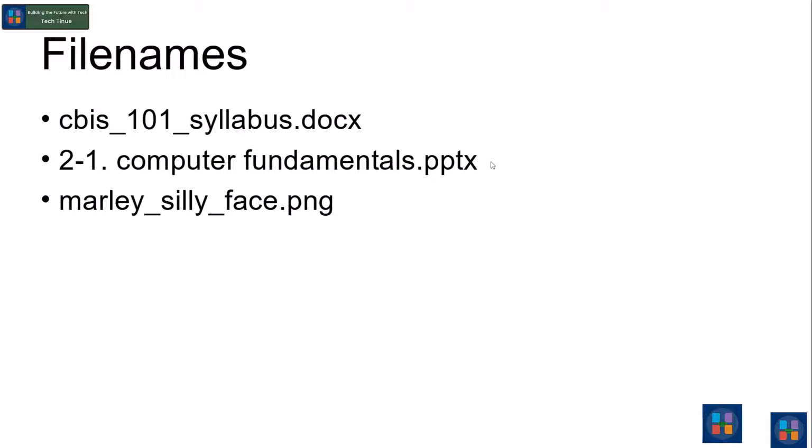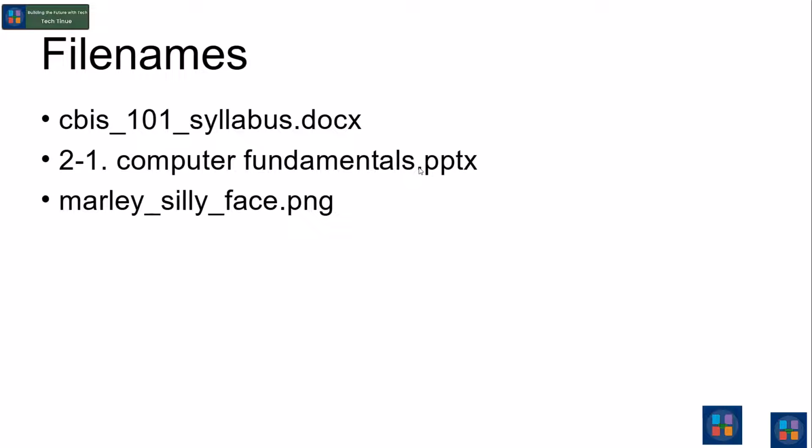The next example right here, 2-1 computerfundamentals.ptx. This is another example of a file name, and this is a PowerPoint file. This is specifically a PowerPoint presentation. This is the name of the file that I am currently presenting off of right now. So you'll notice there's actually 2 periods in this file name.